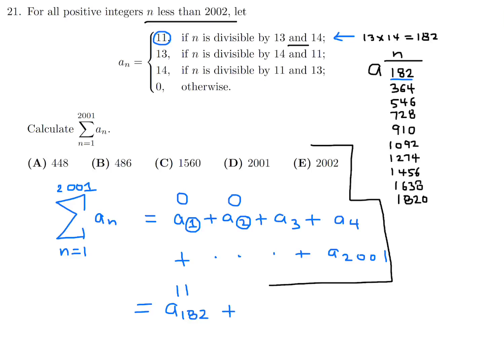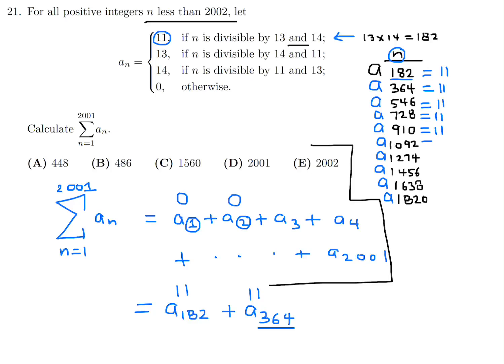And very similarly, a364. 364 is our value of n. 364 is divisible by 13 and 14, and therefore the value of a364 is 11. See what I'm saying? So all of these terms have a value of 11. So that is how you do this question.